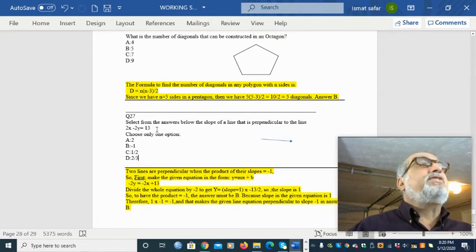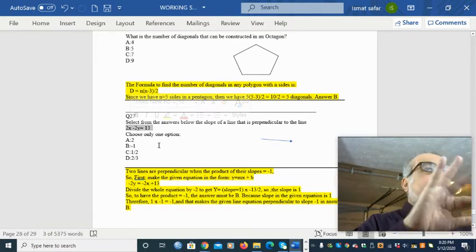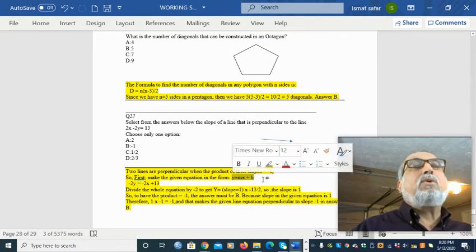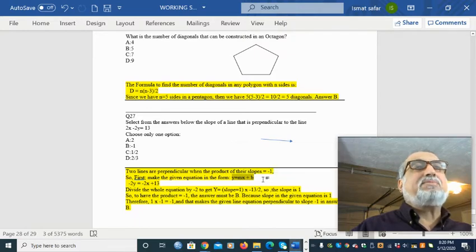Now, this equation here, we need to flip and fix so it looks like y equals mx plus b, which is the standard equation for a straight line.